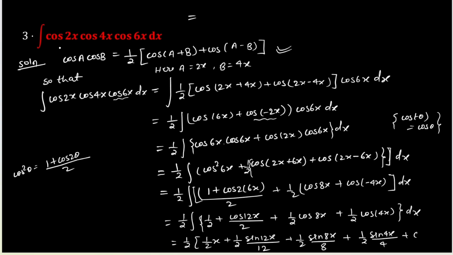We simplify, and the final answer is 1 by 2 times (x by 2 plus 1 by 14 sin 12x plus 1 by 16 sin 8x plus 1 by 8 sin 4x) plus c. And this is your answer.